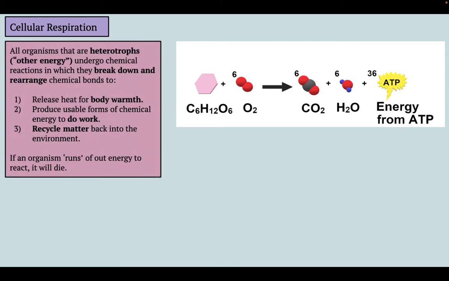So cellular respiration is a chemical reaction that occurs in all heterotrophs. And heterotrophs are organisms that undergo chemical reactions in which they break down and rearrange chemical bonds by consuming food rather than producing their own energy.